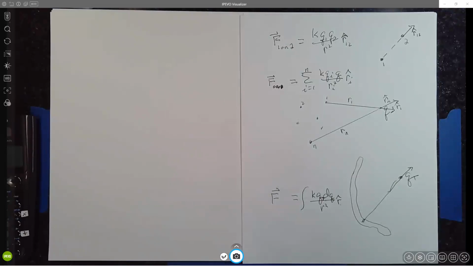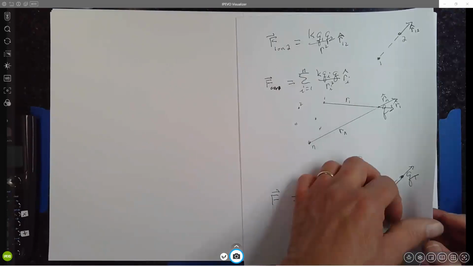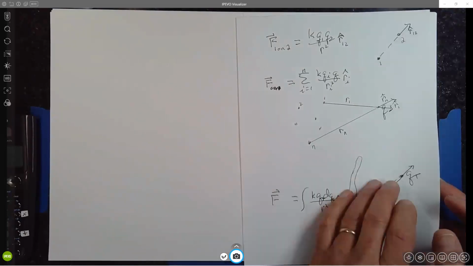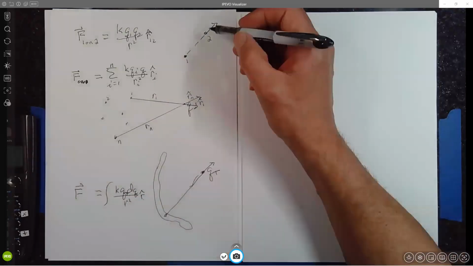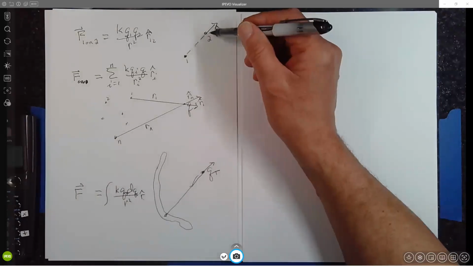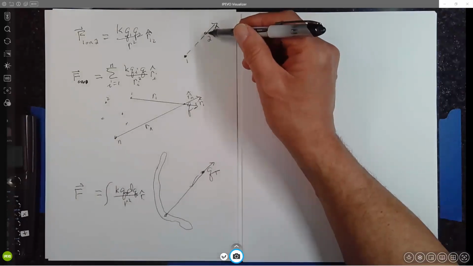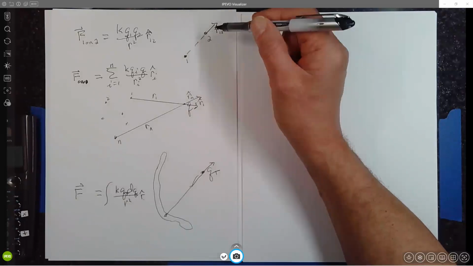For a continuous charge distribution. Now, we're going to extend this idea today, or sort of take a detour from it. And instead of imagining that we have a charge at this point in space, we're just going to imagine this is a point in space, and we'll calculate the force per unit charge that would be on something that was here.